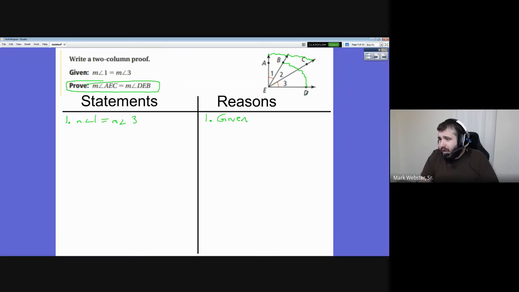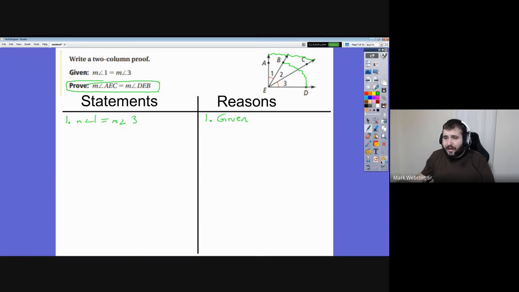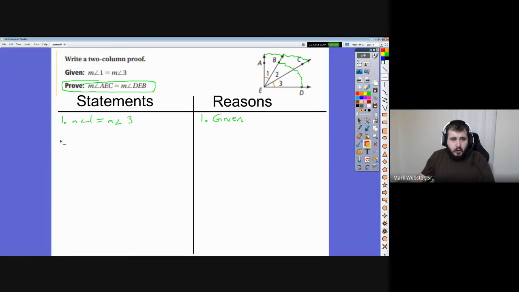And so before we even bother writing this proof, let's talk about what we notice. The outside two angles are the same, and the angles that we want to show are the same, the ones I've highlighted in green up here.